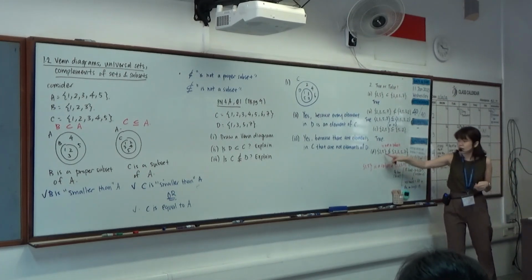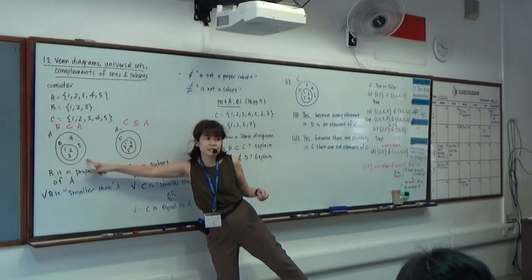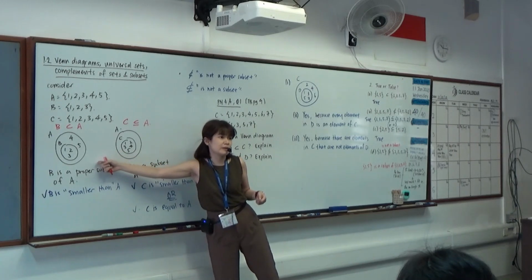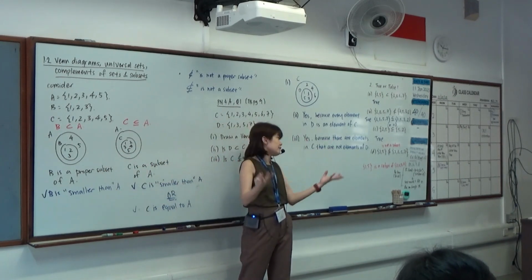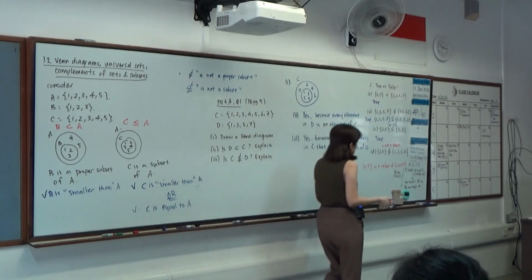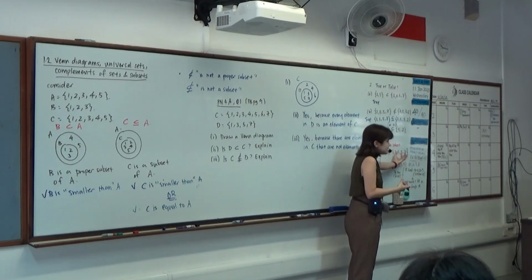Because for the idea of subset, it could either be this or equal to. The idea of subset is a more generic sense. But we can clearly see that {2, 5} is definitely inside over here.